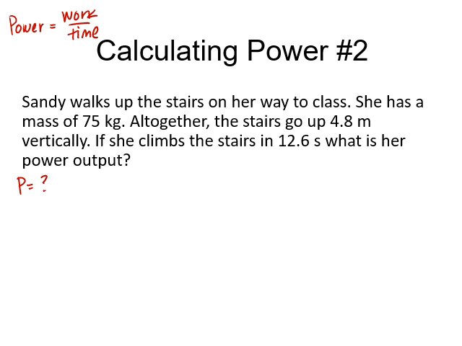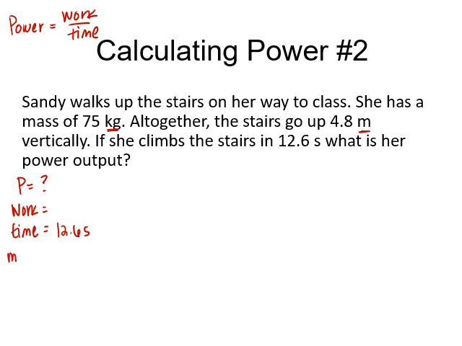In order to solve for power, we need to know work and we need to know time. So let's see what information this problem gives us. It says it takes her 12.6 seconds to climb up these stairs. Now for work, remember the unit for work is joules. We're not given any information in joules. We're given kilograms and we're given meters.